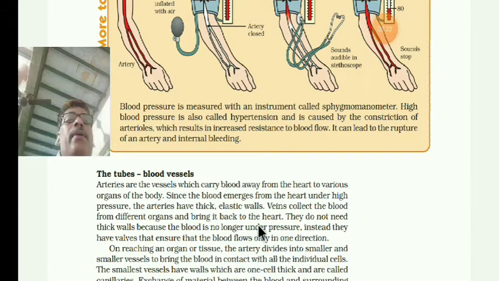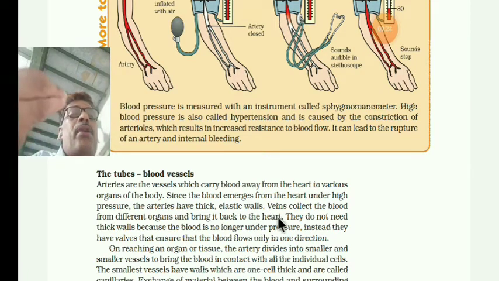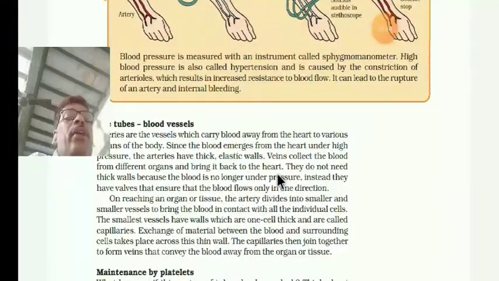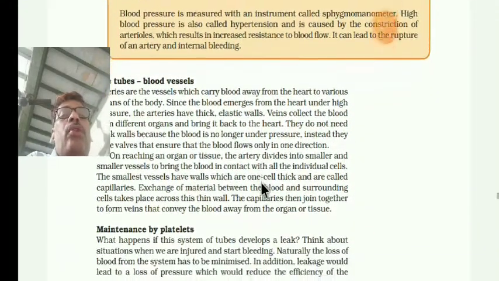They do not need thick walls because the blood is no longer under pressure. Instead, they have valves that ensure that the blood flows in only one direction.